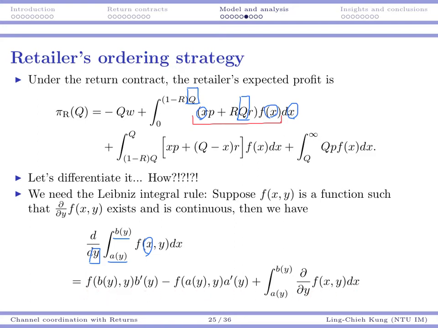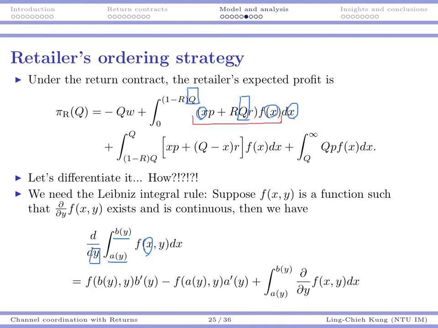Basically, all we need to do is first plug in the upper bound to the function, get the result, and then, just like the chain rule, multiply by the outcome of differentiating the upper bound with respect to y, and then minus the plug-in of the lower bound, and then multiply by the lower bound differentiated with respect to y.